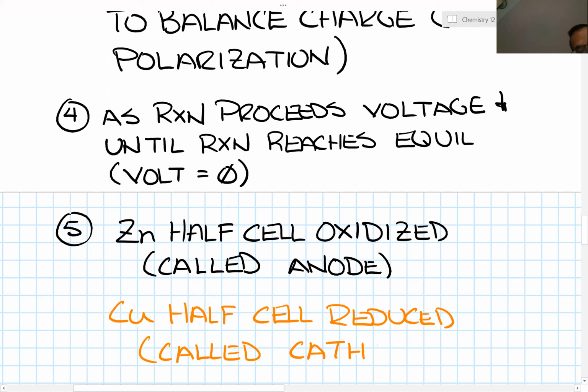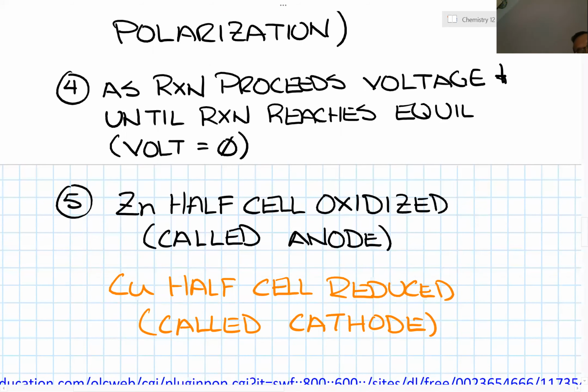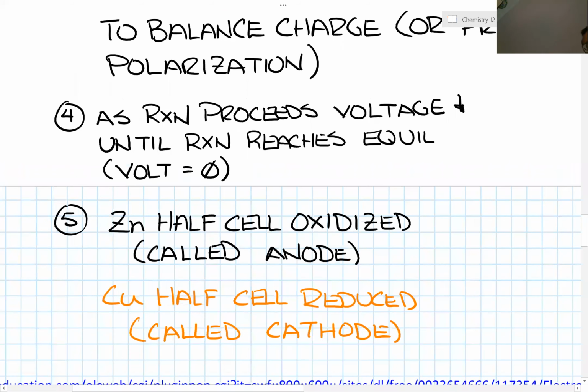So the half cell that's undergoing reduction is called the cathode. The half cell that's undergoing oxidation is the anode. Easy way to remember it: O and A, the vowels, go together, and R and C, the consonants, go together.